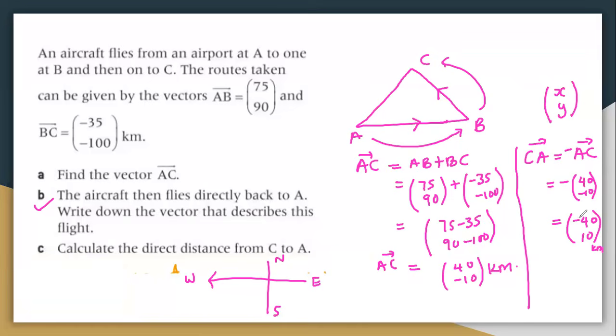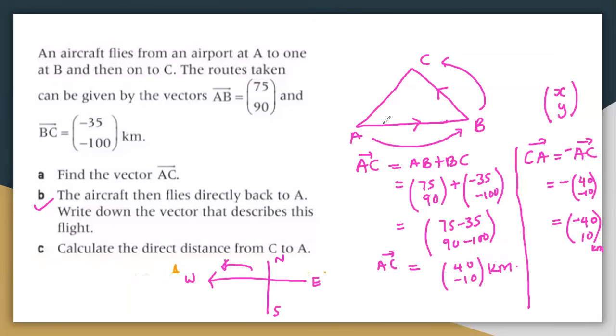When you see a negative on X, it means someone is moving in the west. So here, someone can describe it as the flight is 40 kilometers towards the west and 10 kilometers in the north direction.